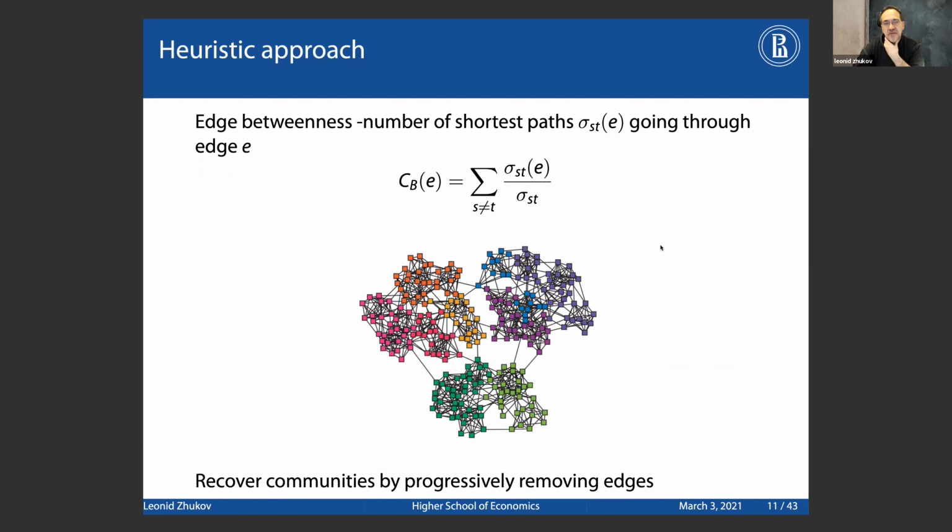So one of the methods is called edge betweenness. This method is similar to graph cuts, because we're going to be cutting the edges, but it differs in the way we select the edges.